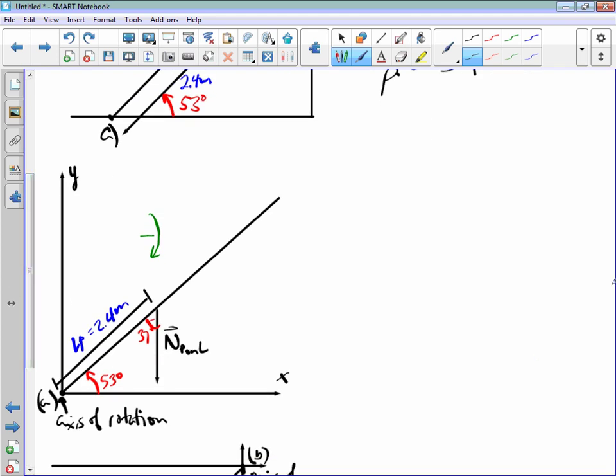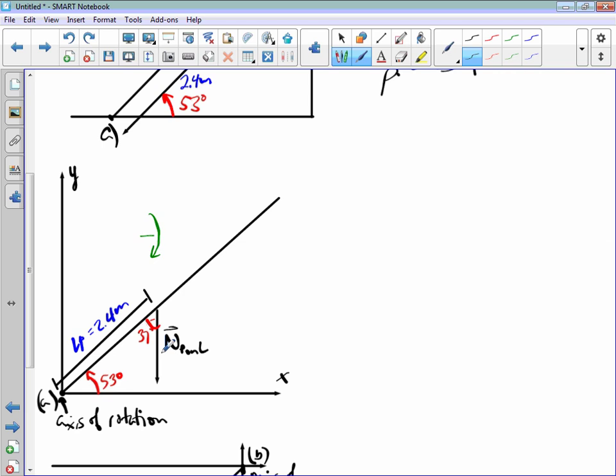If I get rid of everything but what's necessary, we would have our point of rotation, or axis of rotation, our length to the painter, which is 2.4 meters. They call this a normal force, which really bothers me. I wish it was a weight, but they don't call it a weight.